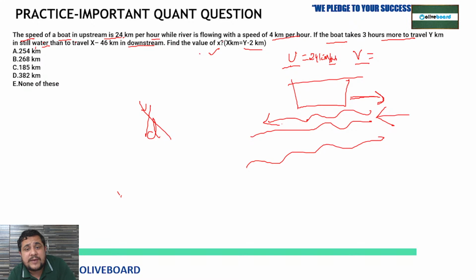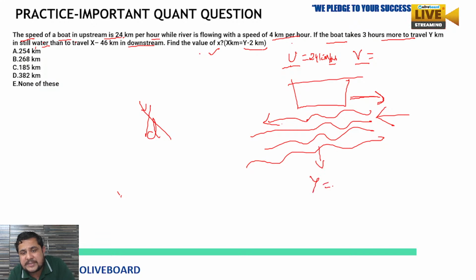Now the river is flowing with a speed of 4 km per hour, meaning the flow of water. This speed is also given, and we represent it by y generally. So y is equal to 4 km per hour.